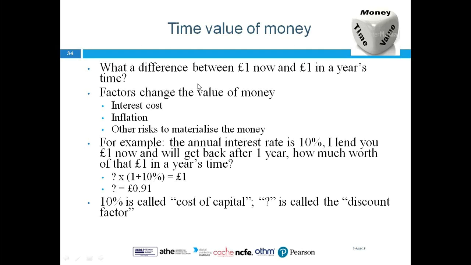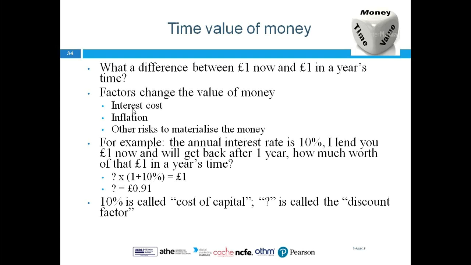So like here, if you invest £1 and there is inflation, there is interest. If you borrow £1 from the bank, they will charge you interest on it. If you deposit £1 in the bank, they will give you interest on it.